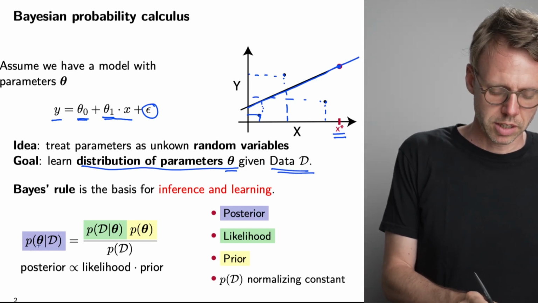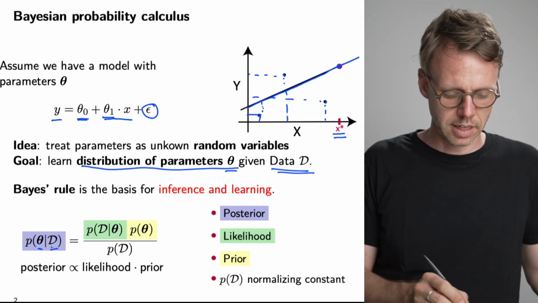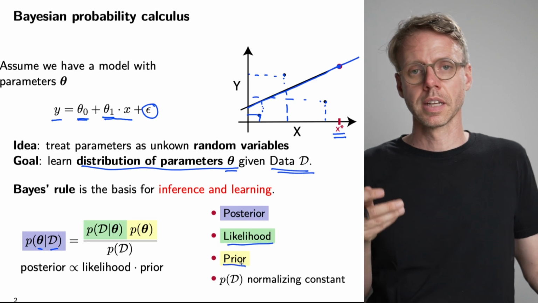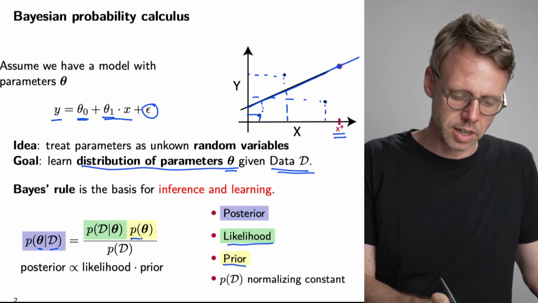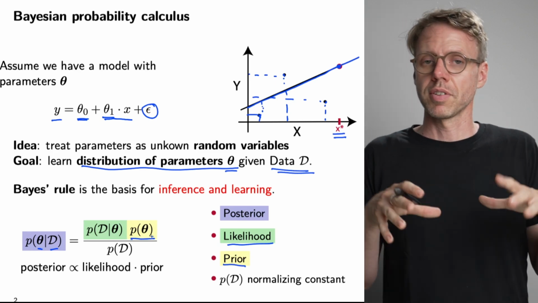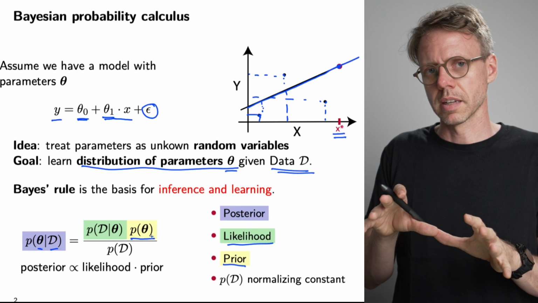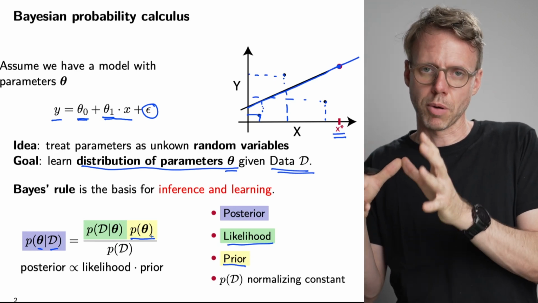The posterior distribution over these parameters, given this dataset, is then proportional to the likelihood times the prior distribution, where the prior distribution is everything that before we see any data we could use to say about our parameters.